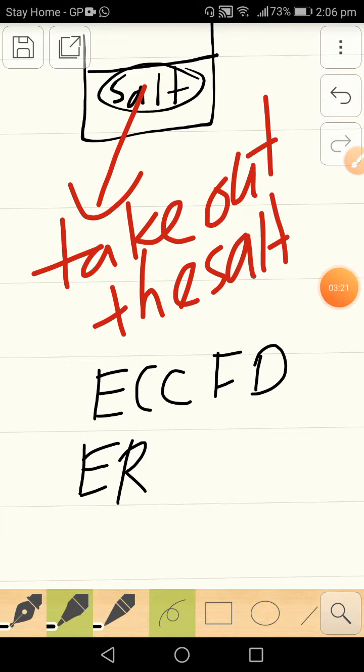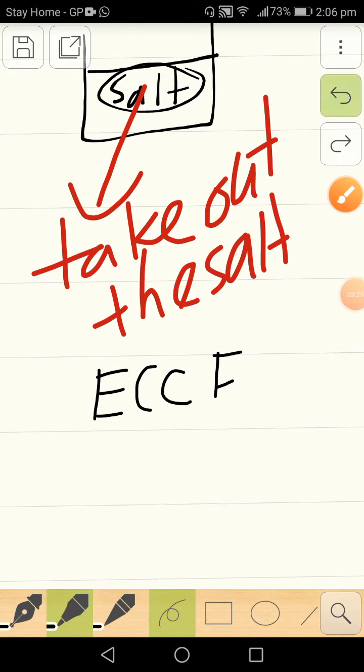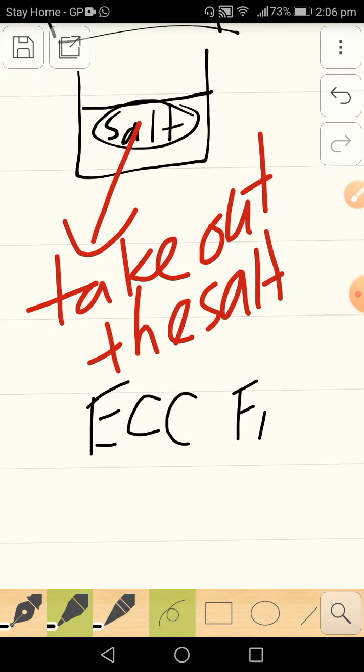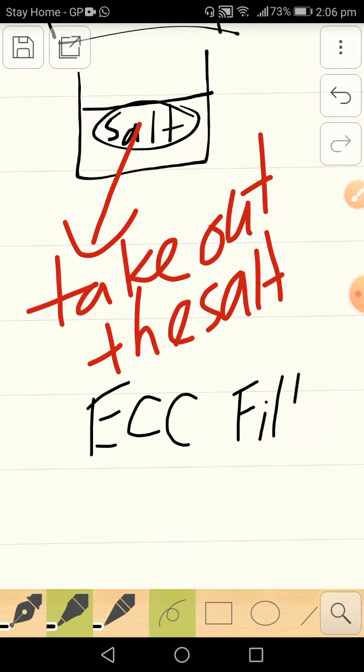I wrote something, but let me explain this to you. You can write it as English Cricket Club Fielder, FILDR.